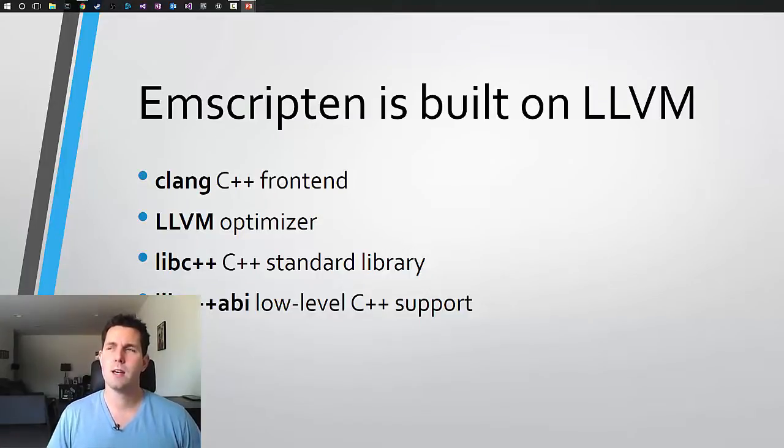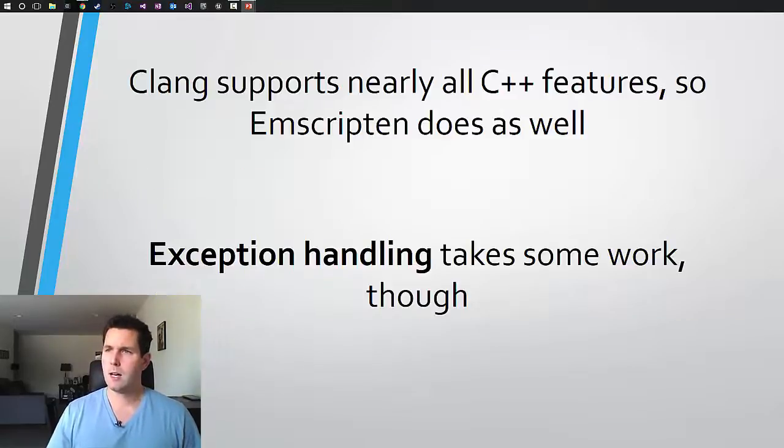That means a lot of the C++ functionality or functions that we'd like to be able to call, we can actually do through JavaScript, because we can make these calls in C++ and it'll actually be spit out in JavaScript and work perfectly fine. libc, which is a low-level C support library, works as well. So Clang supports nearly all C++ features, and again, Clang was that Apple-based compiler, so Emscripten does as well. Exception handling does take some work, though.